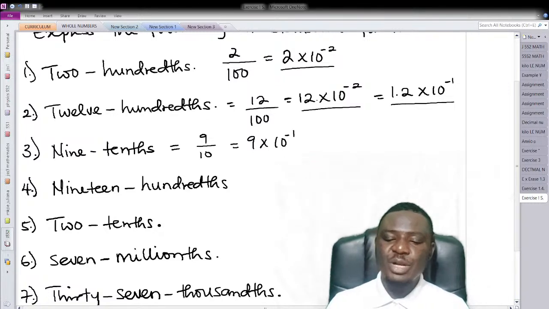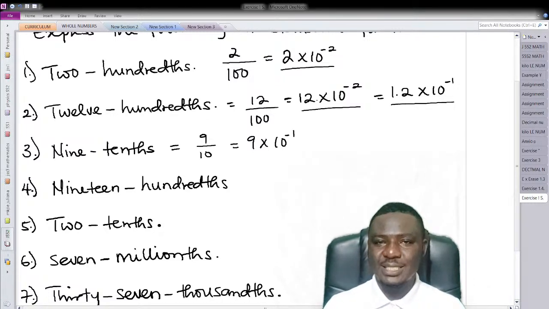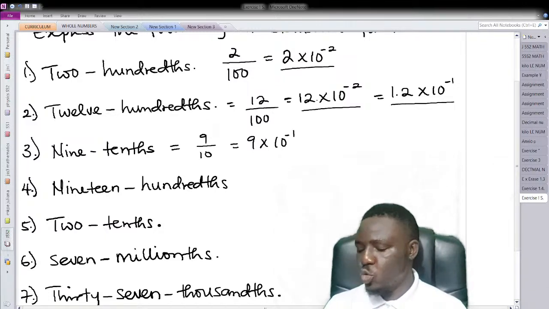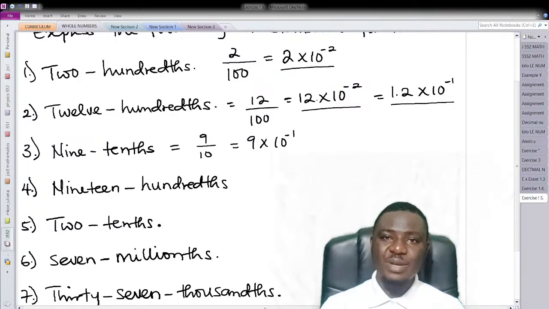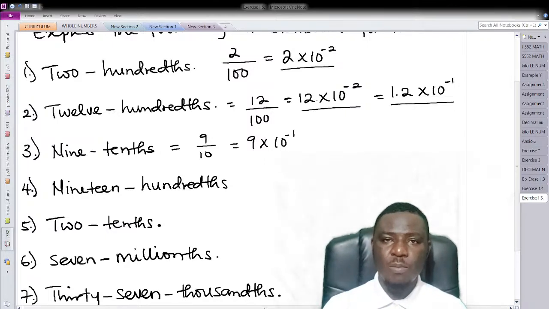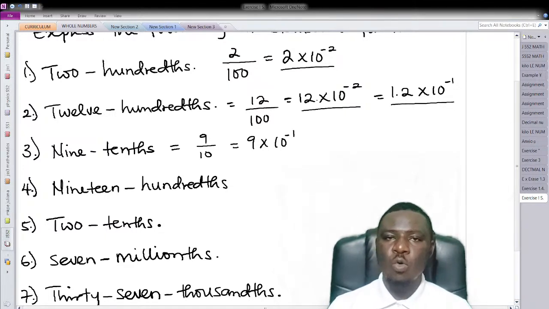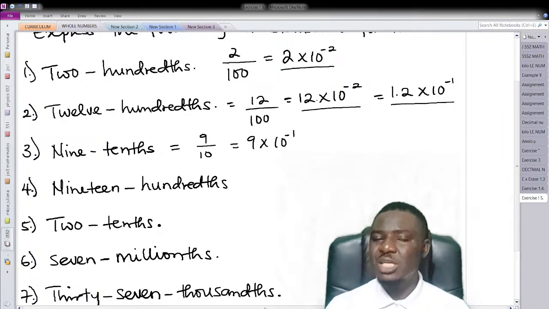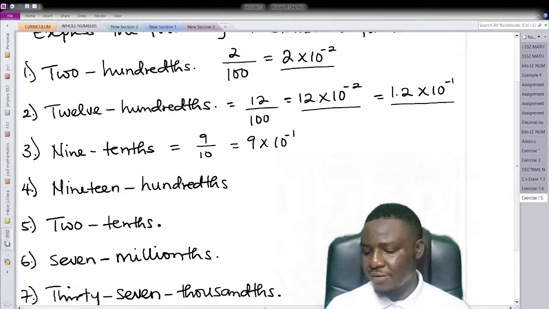Okay, that brings us to the end of today's class. In today's class, we have been able to learn how to express decimal numbers in standard form. At the last class, we looked at how to express whole numbers in standard form, and in today's class, we have also learned how to express decimal numbers in standard form.